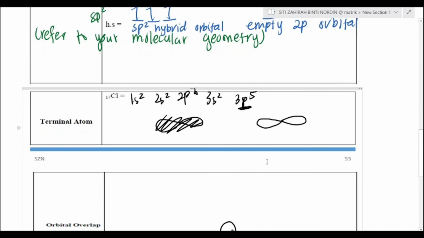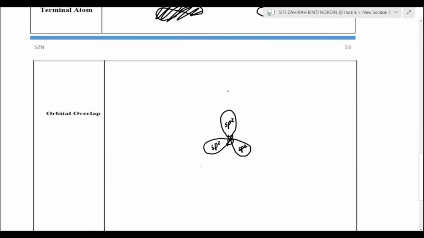Now overlap it with your terminal atoms, which have the shape of p orbitals. So the p orbitals overlap: 1 Cl, 2 Cl, and 3 Cl. Draw your dumbbell correctly. It is very hard for me to draw it, so let's write Cl at the center of your p orbital, and these would be 3p, 3p, and 3p orbitals.